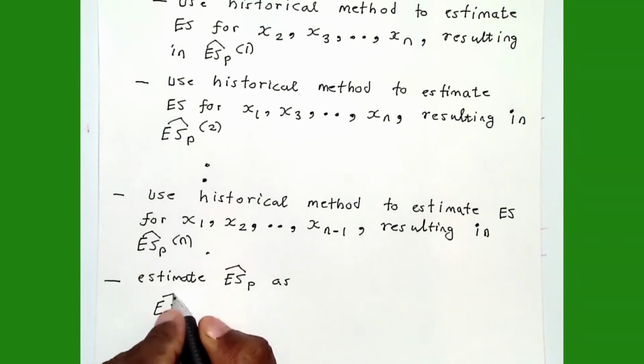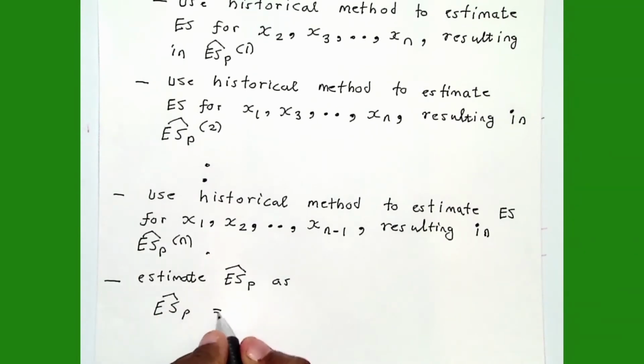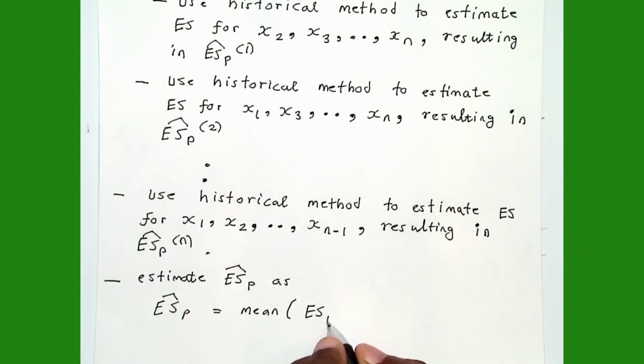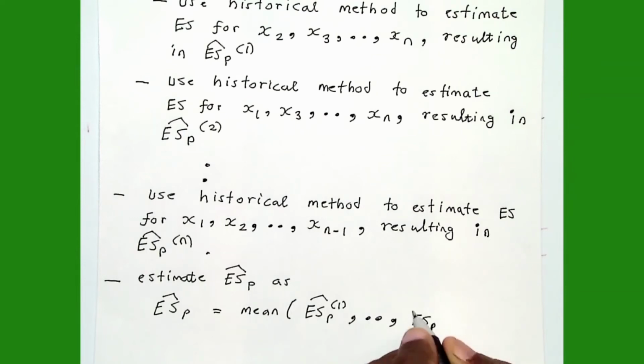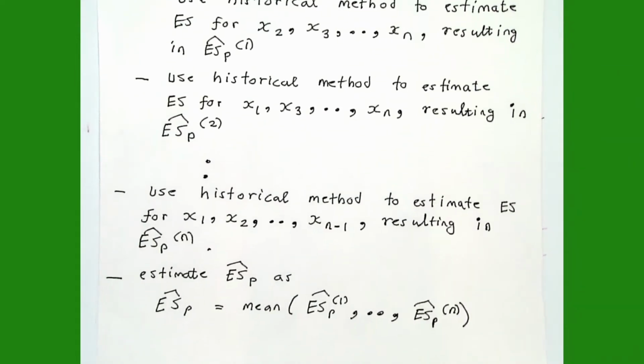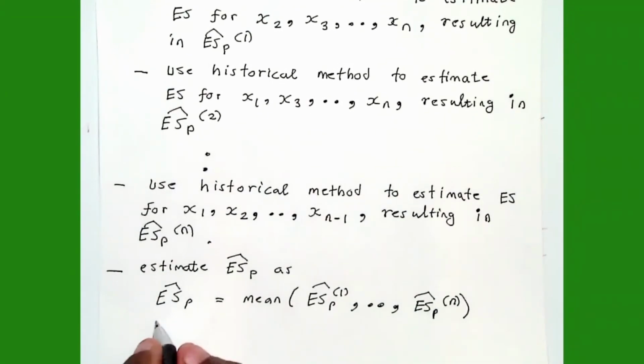So it can either be the mean, okay, or the median.